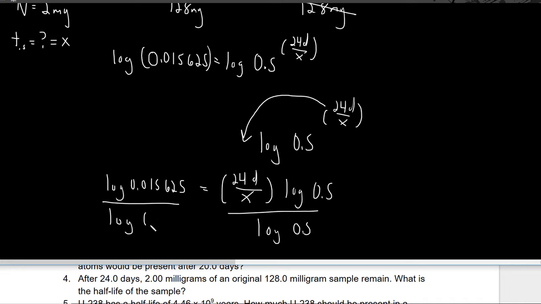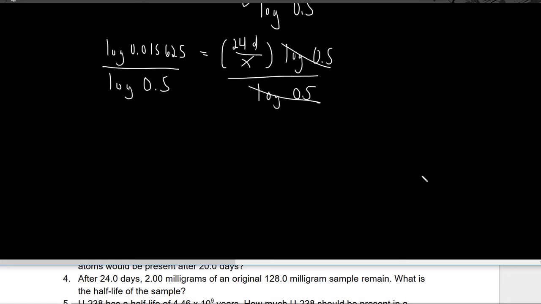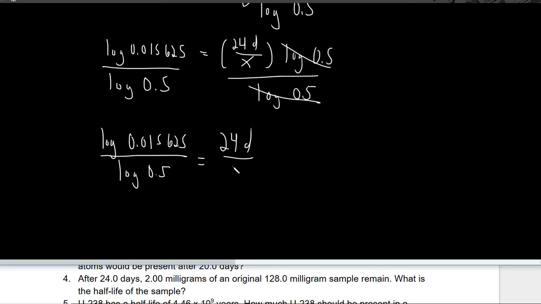The big thing though is now I have the log of 0.015625 over the log of 0.5 is equal to 24 days over x.